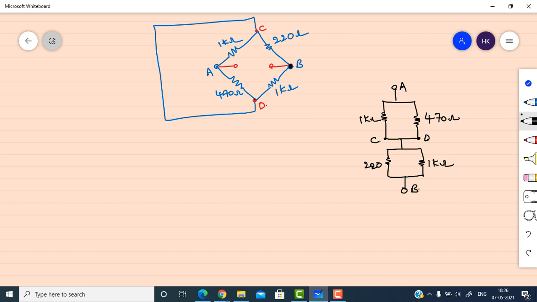Now we got the circuit between A and B terminals. Now we can do it easily. This is C and this is D only. Now 1 kilo ohm and 470, those two are in parallel. And again this 220 and 1 kilo ohm, those two are also in parallel. Next, the parallel combination of these two are in series.